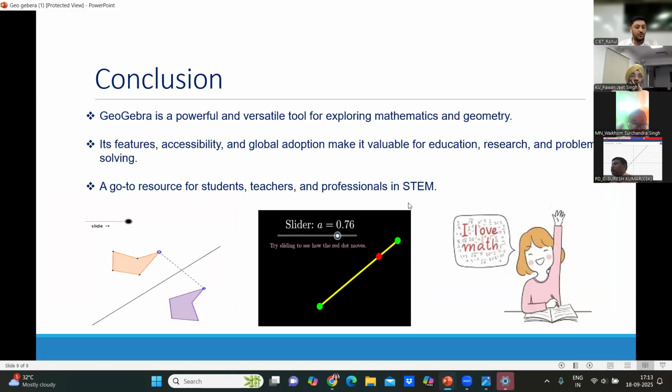It is widely used to teach mathematics and geometry in schools. It helps researchers explore mathematical ideas. It is a great tool for solving complex math problems. It is also used in science, technology, and engineering.